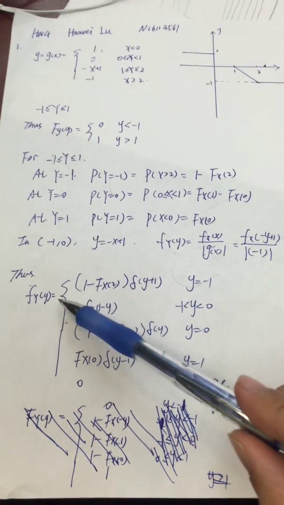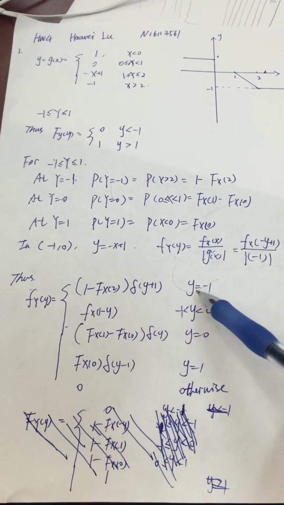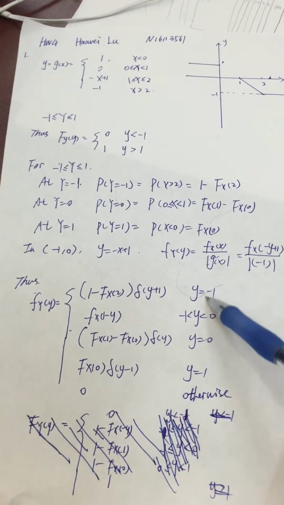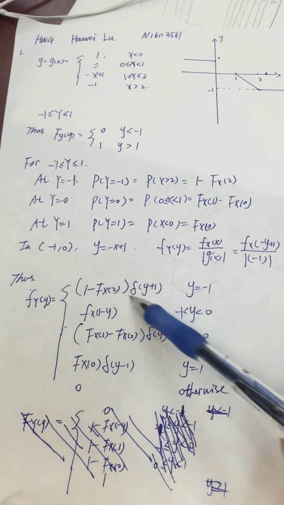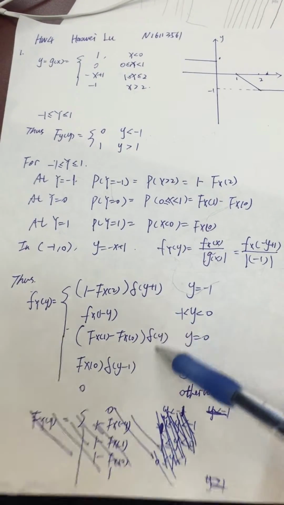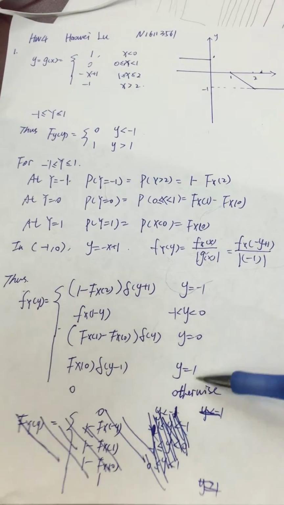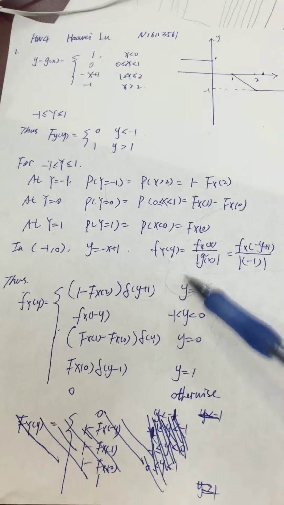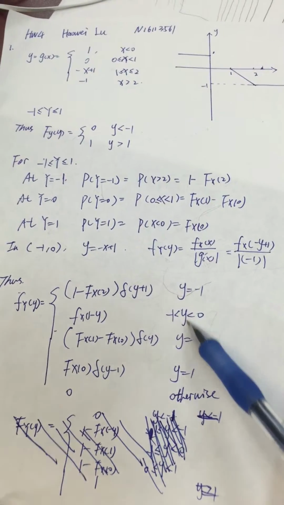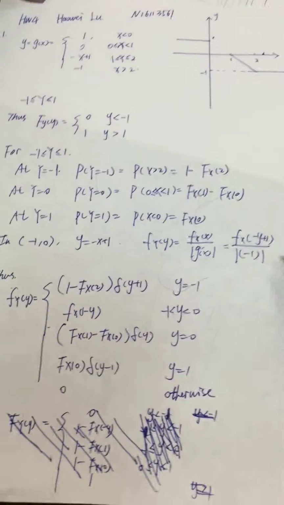Then we have the density function of y, which is, when y is equal to -1, equal to 0, and equal to 1, do not forget the impulse function at these points, because there are three points, so we need to add the impulse functions. And for y greater than -1 and smaller than 0, we have this value.